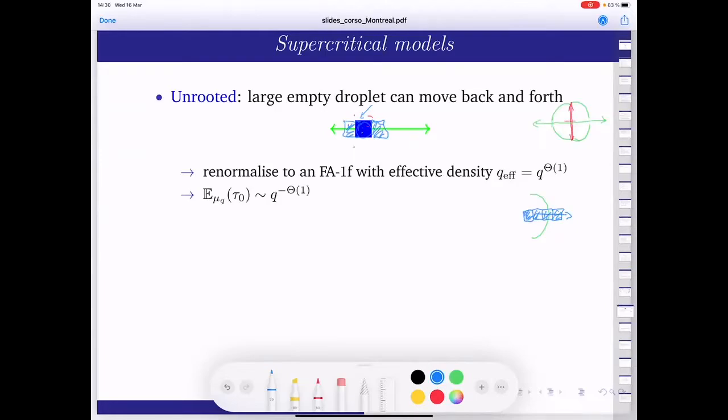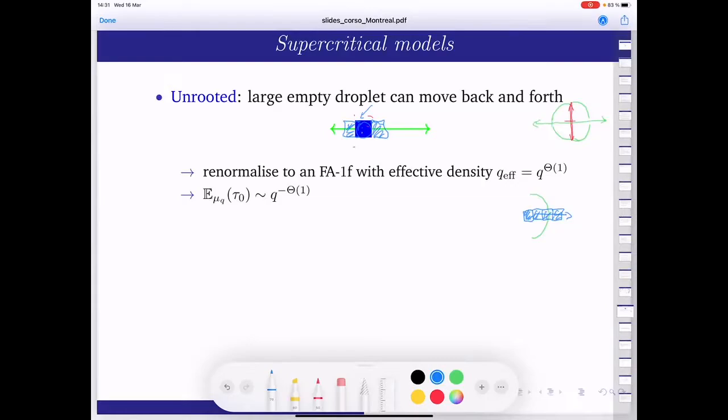In this case, you might notice that this dynamics is very reminiscent of what we saw yesterday for the heuristic of the Friedrichs-Andersen one-facilitated model, the case in which I essentially have single empty sites which move as random walks, because they can move to the right and to the left.